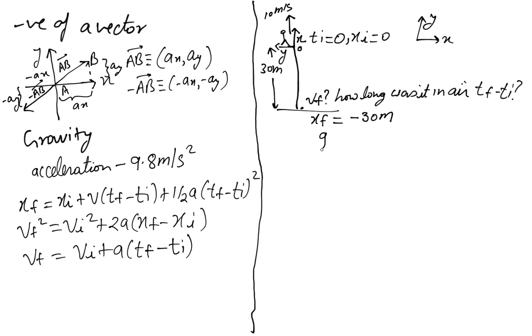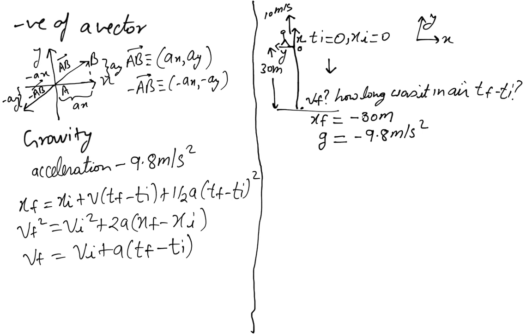Moreover, what is g? Well, g is pointing downward, and the positive x-axis is in the up direction, so g will also be negative. It will be minus 9.8 meters per second square, right?